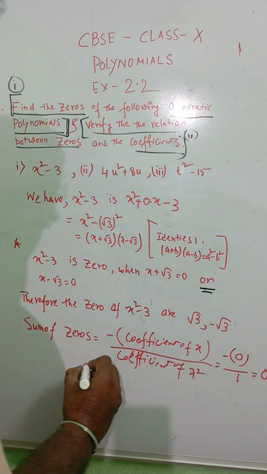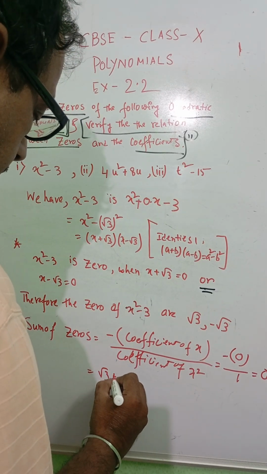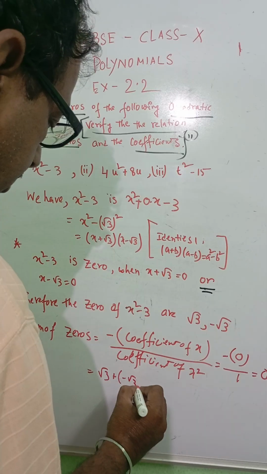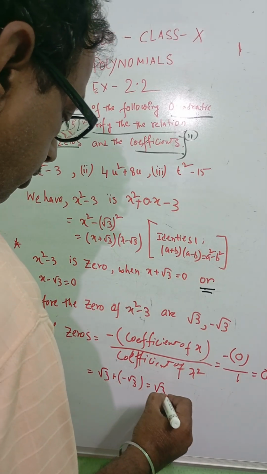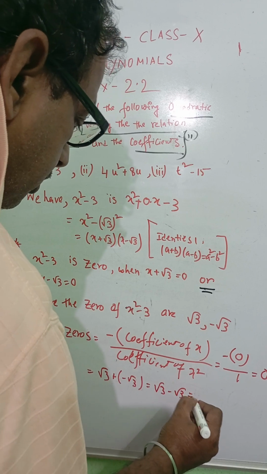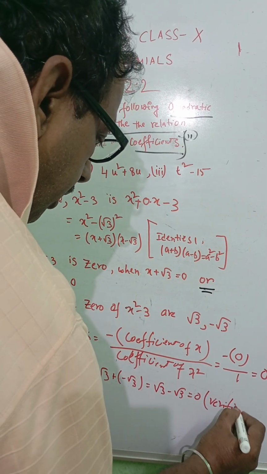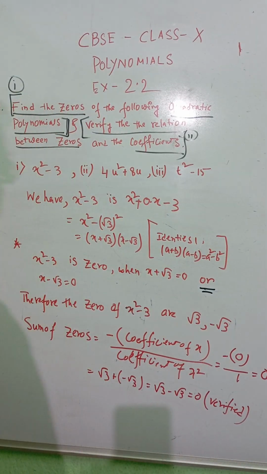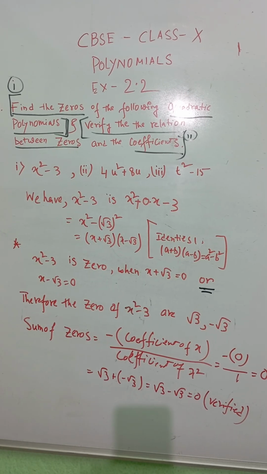Now sum of zeros, that is root 3 plus minus root 3, is equal to root 3 minus root 3, 0. Verified. Understand that?